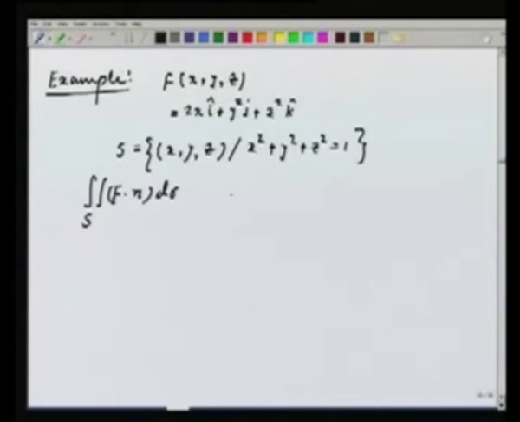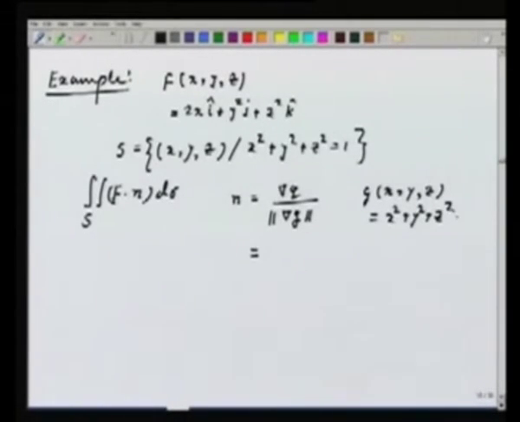So what is n now? N again is given by the formula grad g by norm grad g, where g(x, y, z) is x squared plus y squared plus z squared minus 1. For each point I have to calculate the normal. Locally I can think of it as a graph, so it's okay.